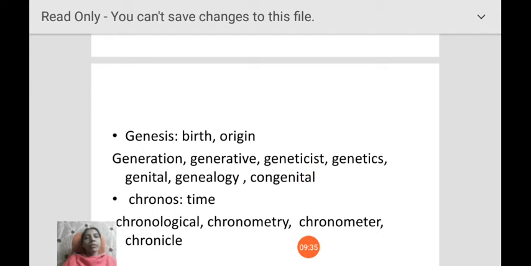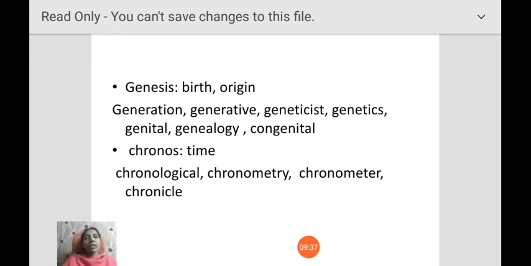Now, let us look at another word, genesis. Actually, the root word is gene, G-E-N-E. It means birth or origin. So generation means birth after birth. Of 3 generations, 5 generations we call.